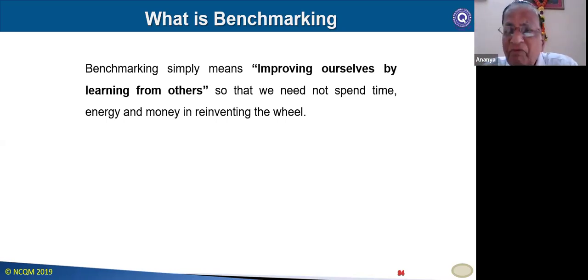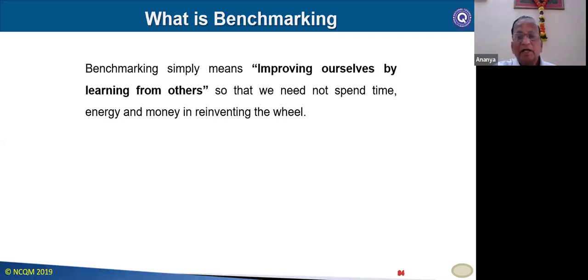So how fast, and why do we do benchmarking? Because we want to improve. At the back of the mind, organizations want to keep improving their operations and retain customers. Benchmarking is to do that, so that we are sustainable in the market, or even ahead of the market.